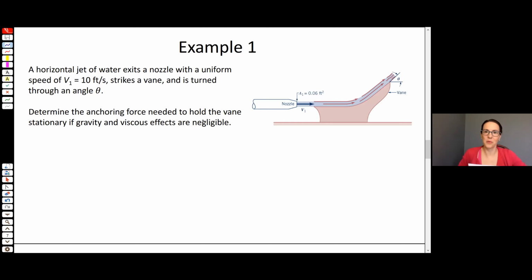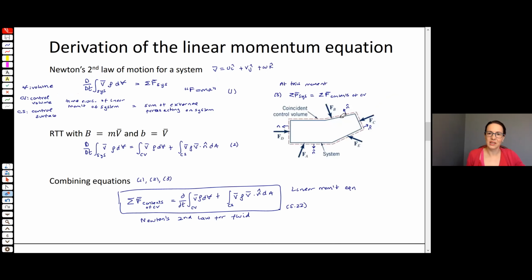So one thing I want to just note before we start on this problem, I'll actually go back to the previous page. If you look at this sketch, one thing that really strikes you is that when we draw a control volume now for conservation of linear momentum, we're drawing a free body diagram, right? We're going to be drawing the control volume, and then we're just going to draw in all the forces that act on the control volume. So we are drawing our free body diagram.